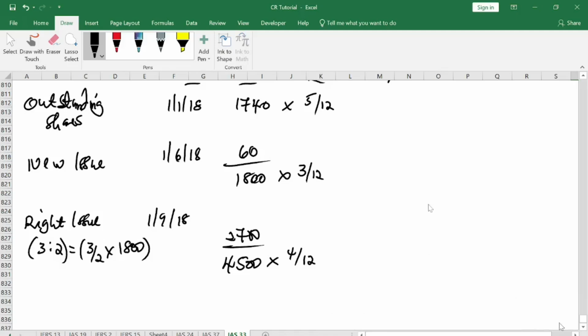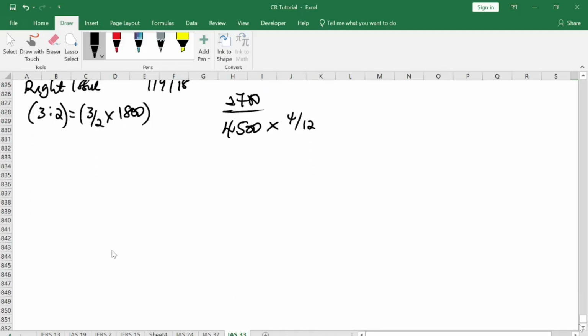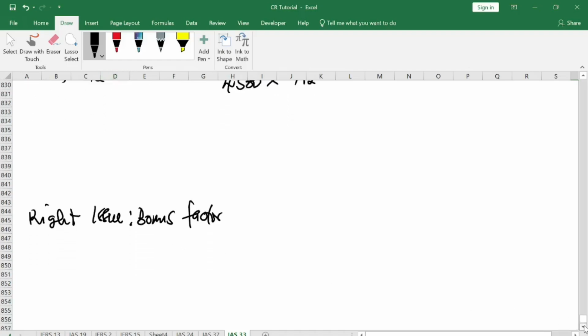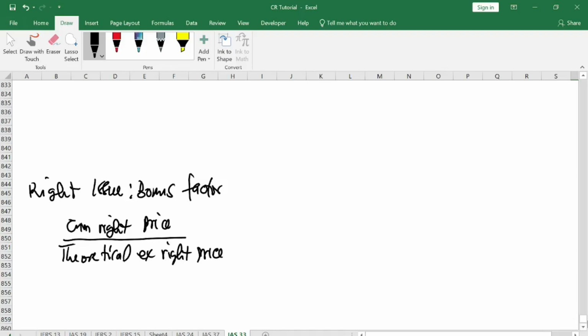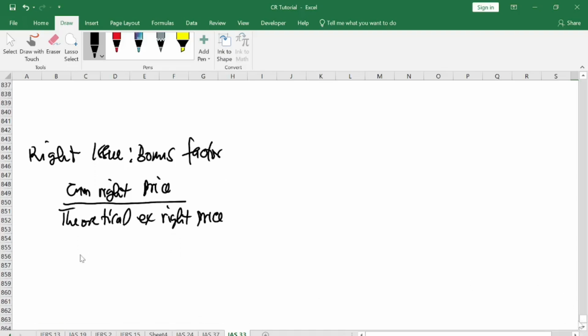All right. Once we are done, we have a rights issue to deal with here. Once we have a rights issue, we need to calculate our bonus factor. So here we go. We have our cum-rights price over theoretical ex-rights price. In the question, they've already told us that the rights issue is 3 for 2.